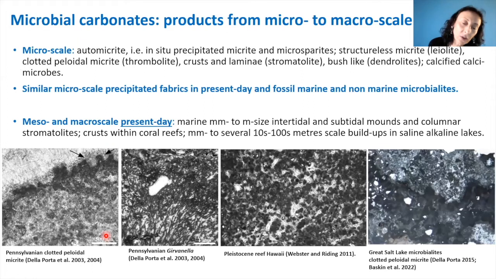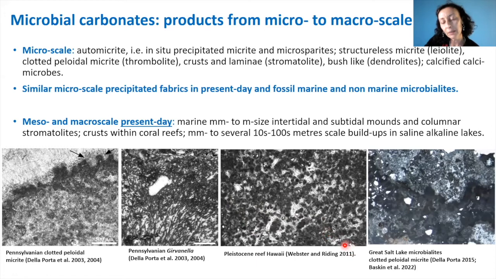We also know from the recent, and then comparing it with the geological past, that at the microscale, microbial carbonates are fairly similar to those from the fossil record. These are examples from the Carboniferous, these are examples from the Pleistocene, but also from the recent, both marine and lacustrine records. So at the microscale, it is difficult to distinguish exactly the depositional environment of these carbonates.